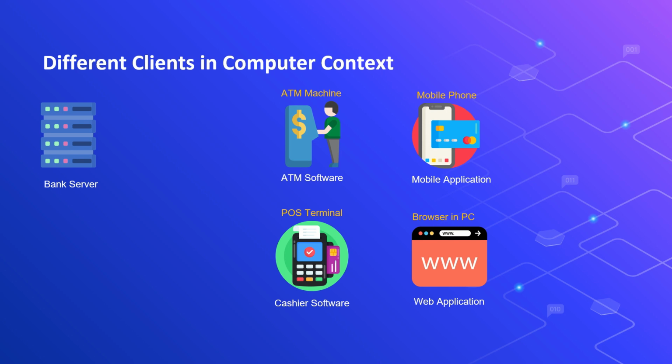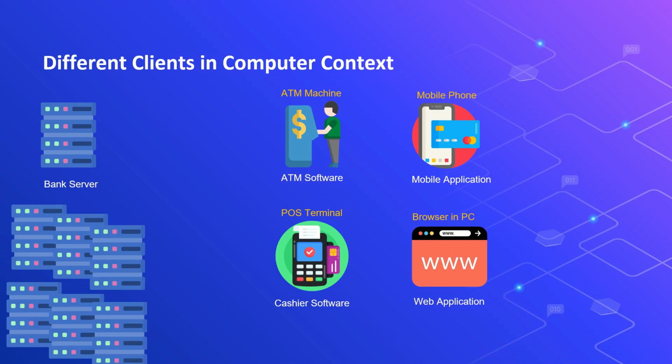So on the client side, the challenge is to make sure the services are available on all these different platforms, and also that the user experience is good. On the server side, to serve so many requests and responses per second, they usually have not only a single server, but a lot of server machines working in parallel together. And the computer network that connects client and server is also very important in this client-server application structure.